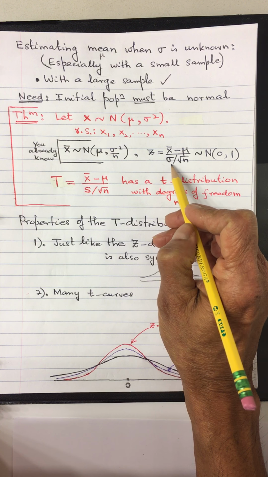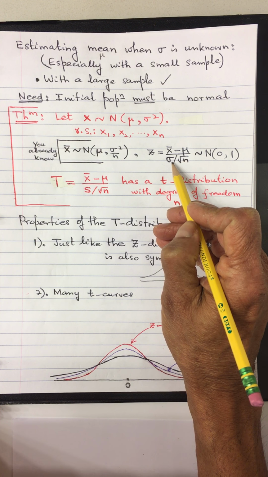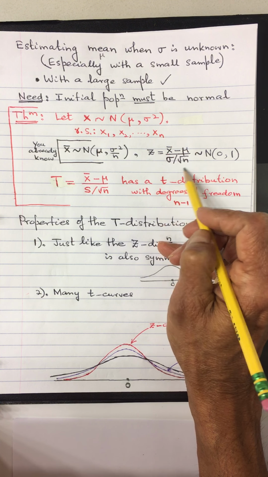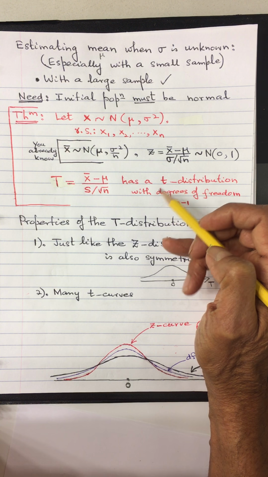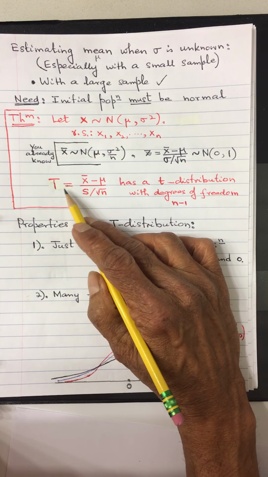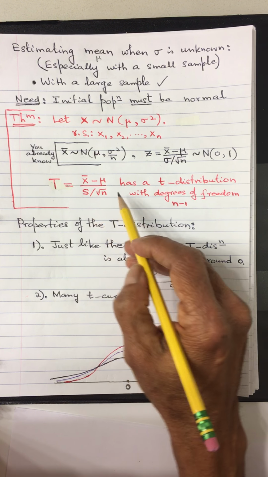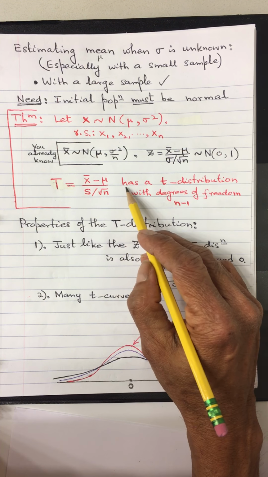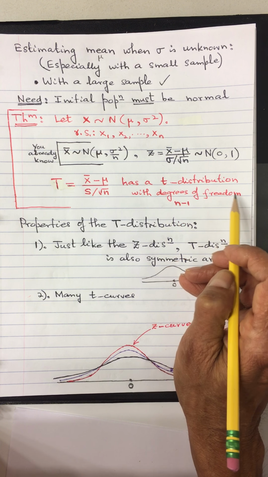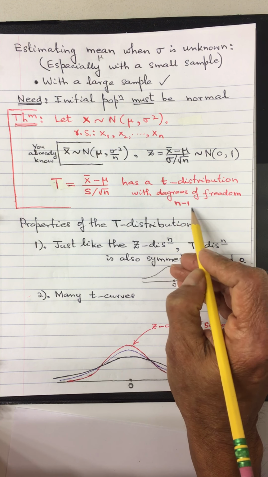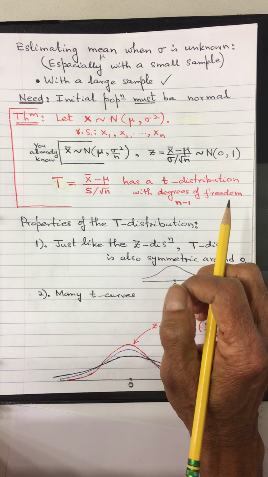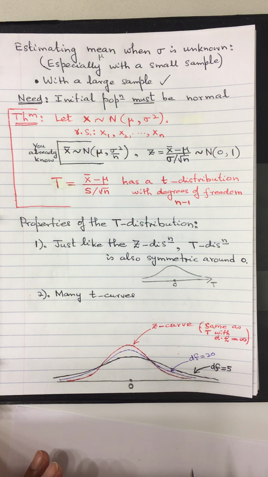The minute you replace it by s, the sample standard deviation, this quantity is going to follow another distribution, which is known as the t distribution. That's why I put t here. This quantity will follow a t distribution with degrees of freedom n minus 1, the sample size minus 1. That is the theorem. So it's a different type of distribution.